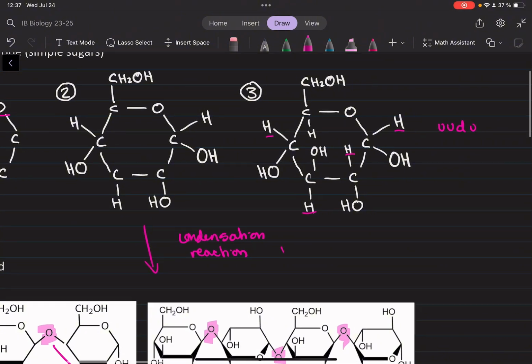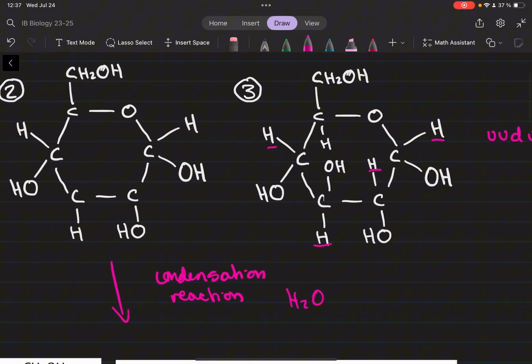It's because in a condensation reaction, you actually produce H2O, or water. So in a condensation reaction from a monosaccharide to a polysaccharide, one of these hydroxyl groups, let's just take this one, and one of the hydrogens from the other hydroxyl group, which would be this one, break off the glucose in our case, and it would form water.